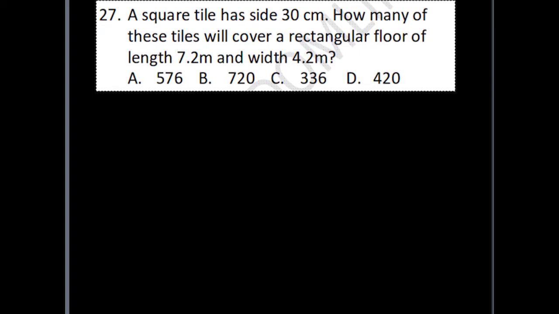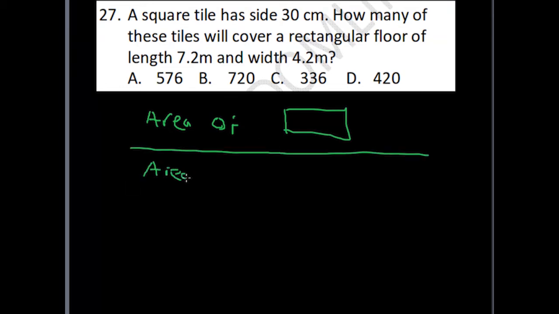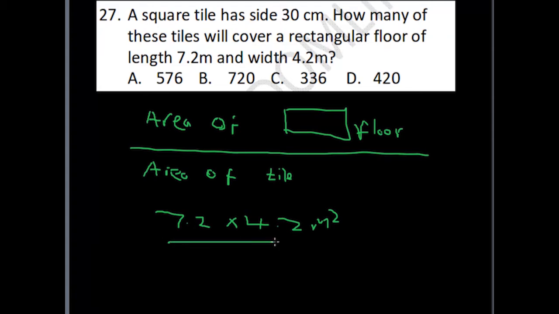So what is the area of the rectangular floor? 7.2 times 4.2 meters square.